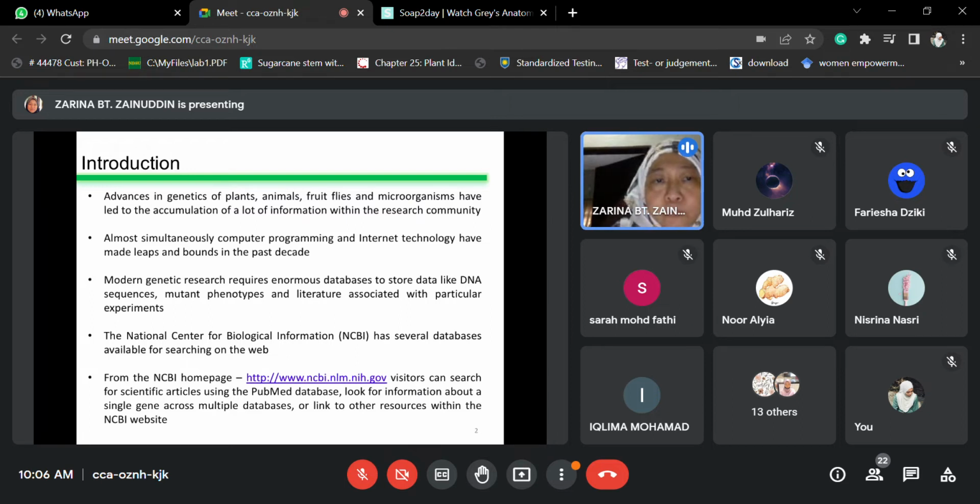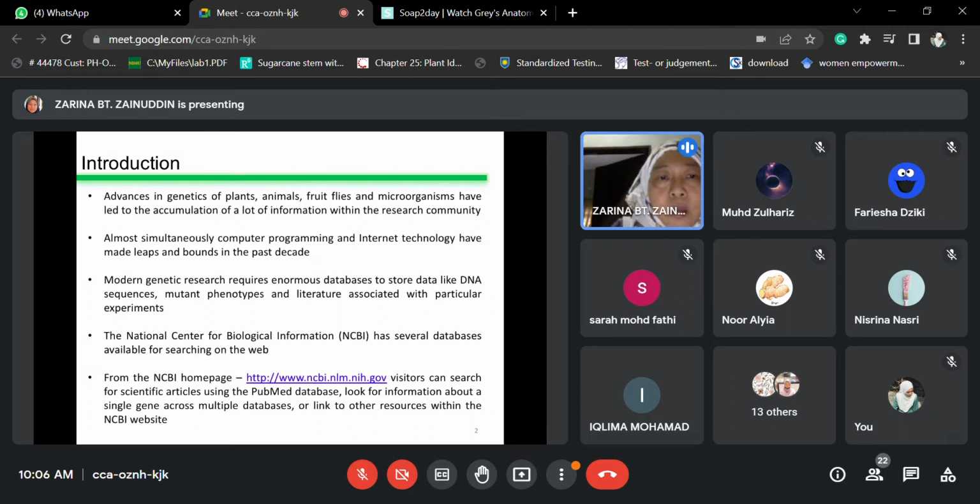This information can be shared with the research community. With the advancement of computer programming, we have internet technology, which contributes to the development of databases. So we talk about big data, bioinformatics.